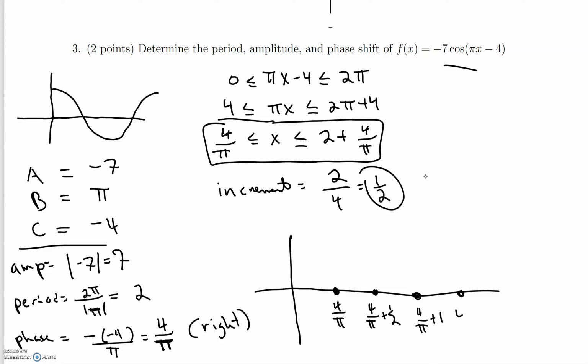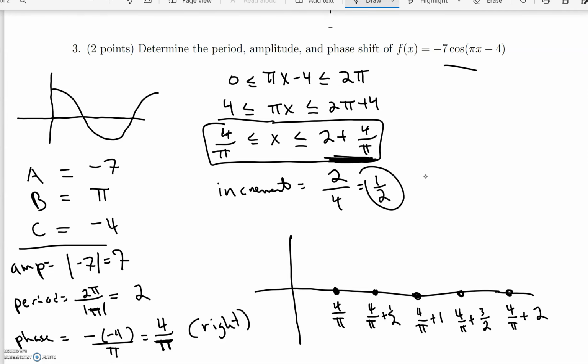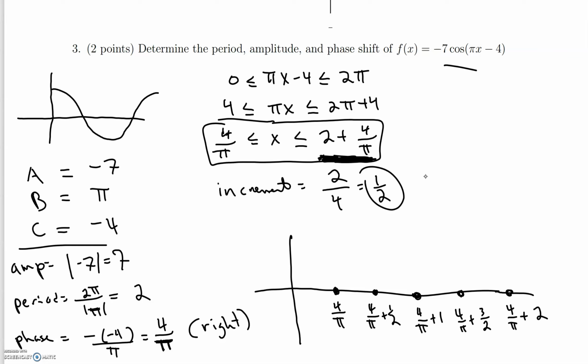And then my next point will be 4 over pi plus 1.5, which is 3/2. And then my next point would be 4 over pi plus 4/2, which is 2. And no surprise, our last point should be the same as the end point of the cycle, which it is, 2 plus 4 over pi.